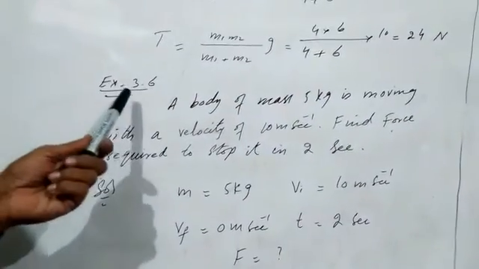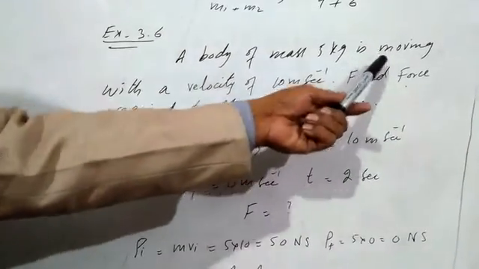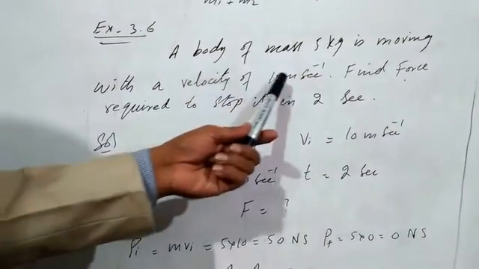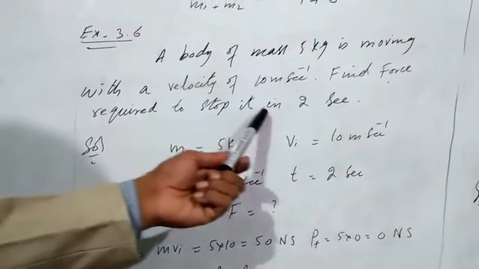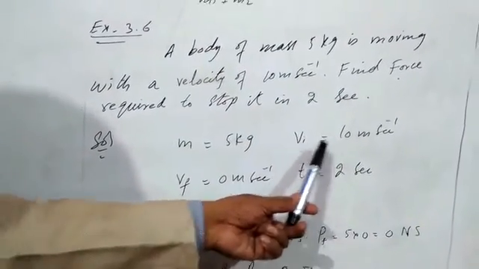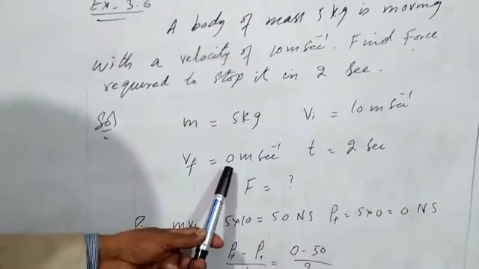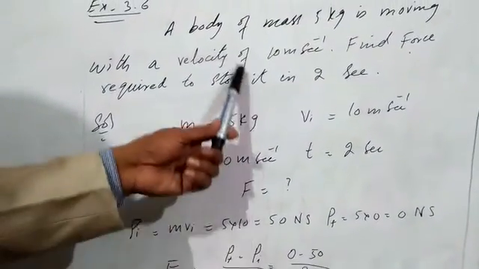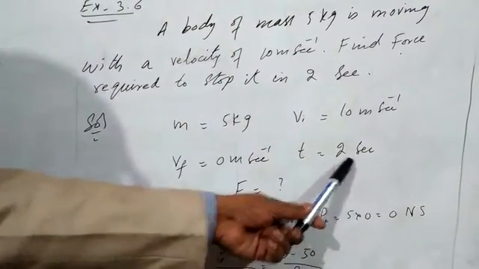In example 3.6, a body of mass 5 kg is moving with a velocity of 10 meter per second. Find the force required to stop it in 2 seconds. So mass is 5 kg, initial velocity is 10 meter per second. Final velocity will be 0 as the body comes to a stop, and the time is 2 seconds.